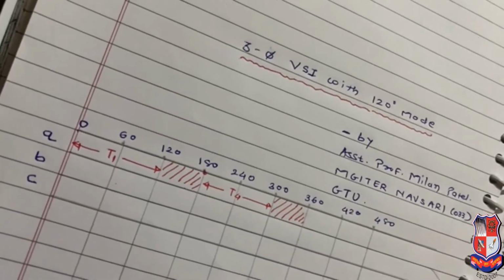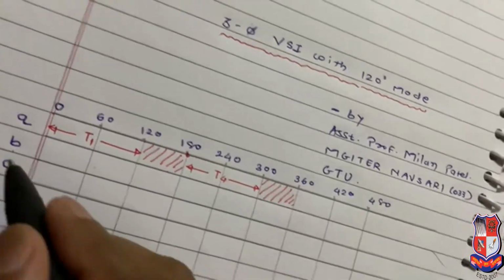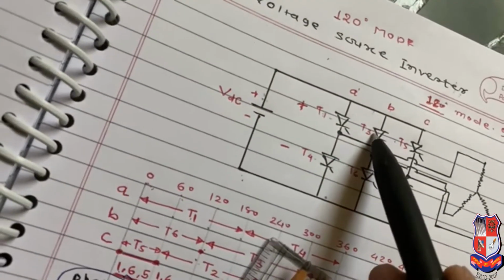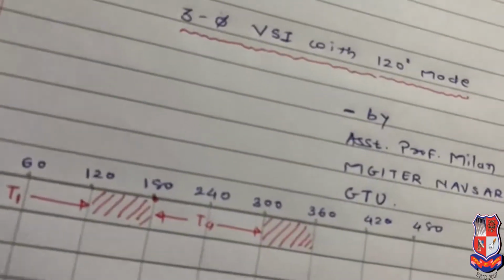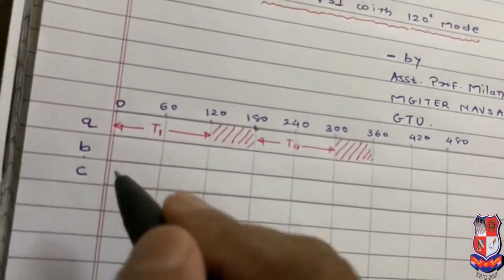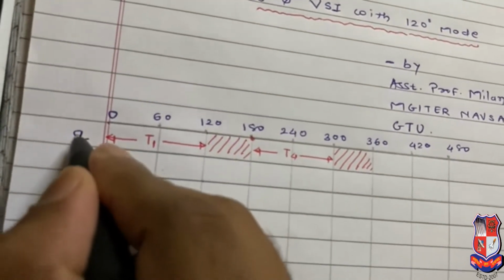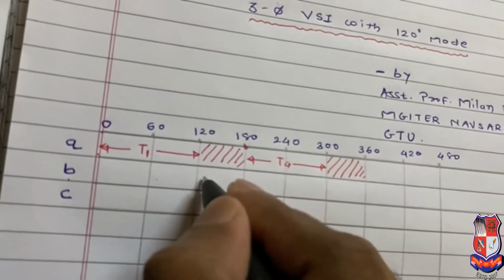So same as phase B, we know that T3 is positive, T6 is negative. Now B will conduct after 120 of phase A, so it will conduct from here.